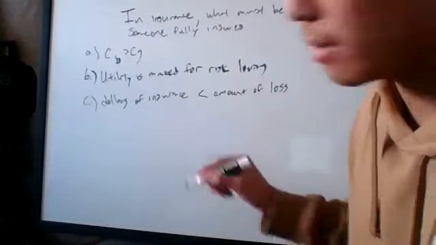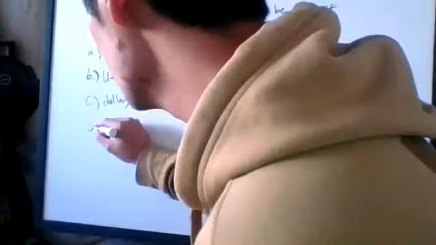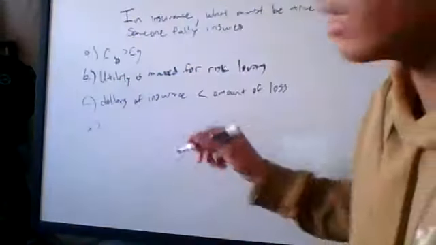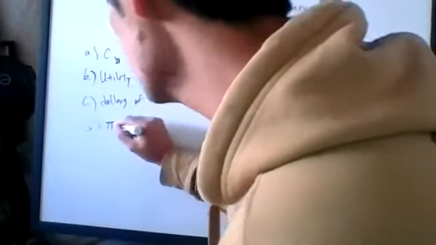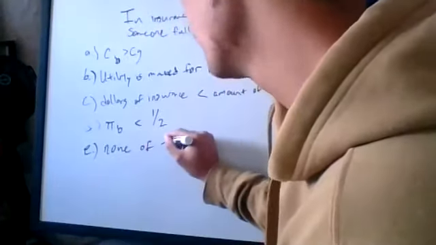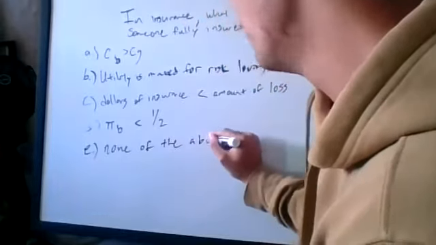And answer choice D is probability of the bad state is less than 1/2, and answer choice E is none of the above.